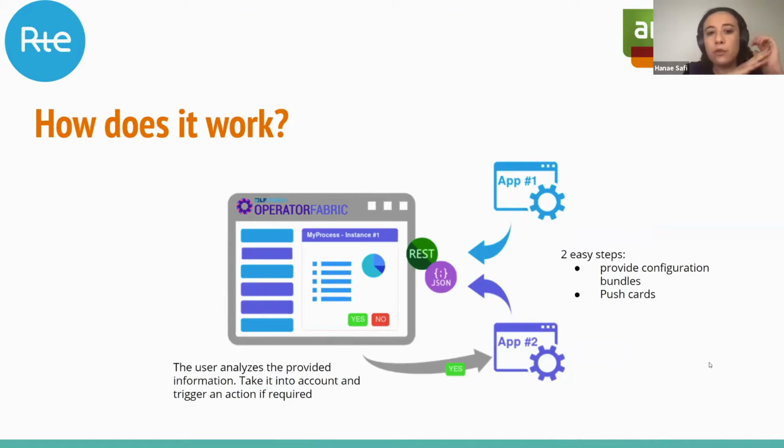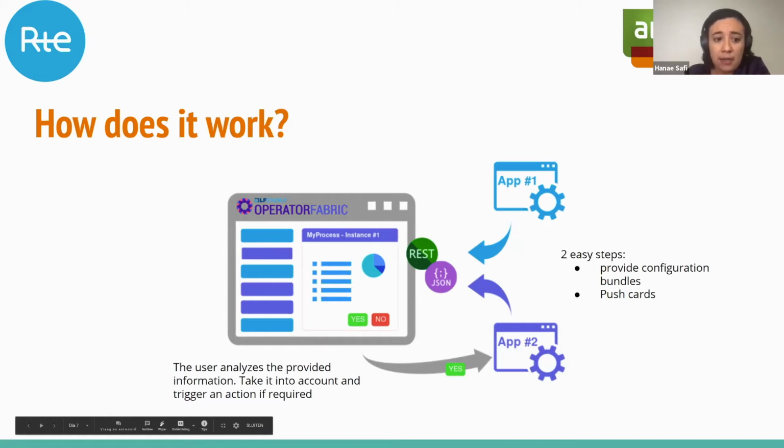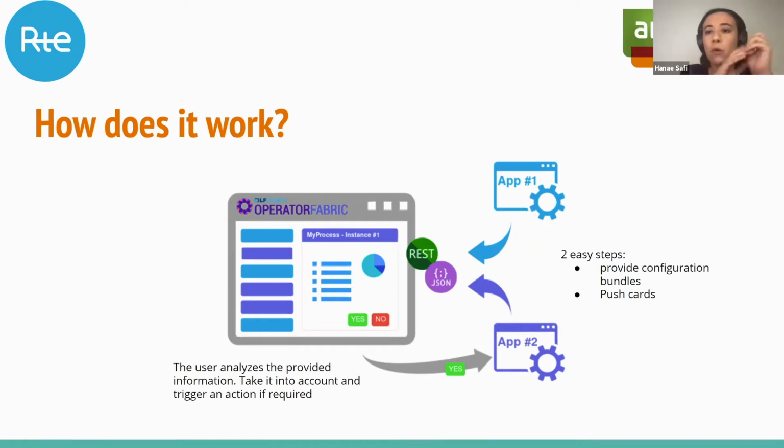I just want to highlight through this slide the ease of integration of OperatorFabric with existing apps. The interaction between apps that want to push cards on OperatorFabric is done by using an API called card publication, which is, by the way, well described in our documentation website.